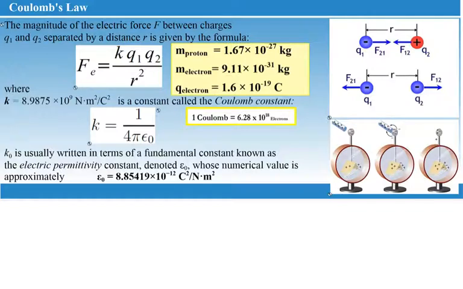Q1 and Q2 are the charges measured in coulombs, and k is Coulomb's constant, where epsilon sub 0 is the electric permittivity constant, and in a vacuum it's this number. If you plug into the formula for k, you get k equal to almost 9 × 10⁹ newton meter squared per coulomb squared.